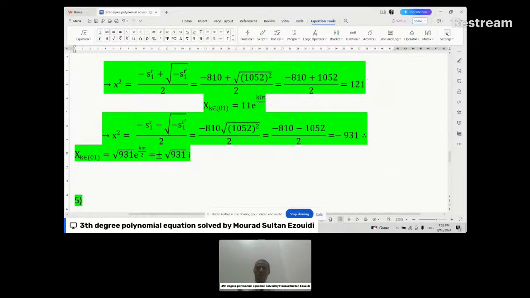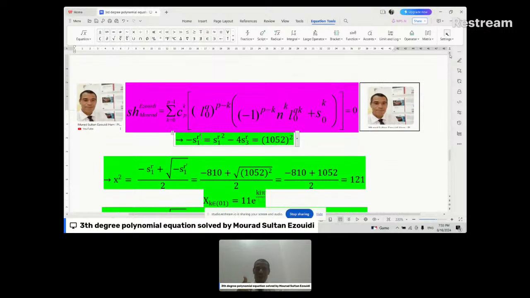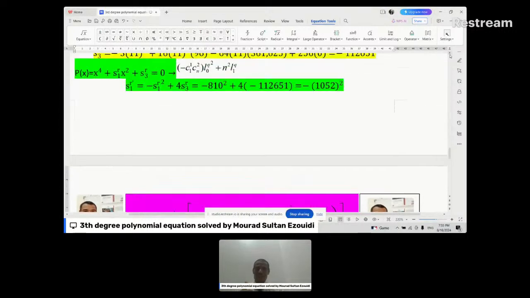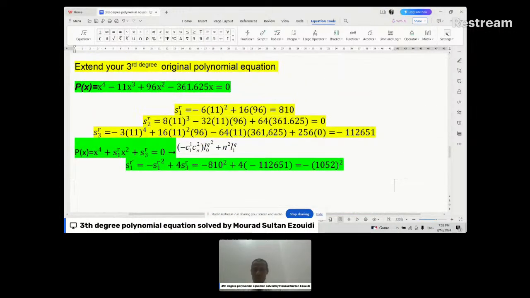Means when, listen, learners, when you tell minus 11 and 11, means this polynomial that you extended, what is the root that is clear for you? X equals 0, isn't it? So that's why 11 minus 11 equals 0. Okay, clear? Because alpha height will be L0, which is 11, minus 11 gave us 0, means x equals 0, in fact, is 0 for this 4-degree polynomial equation.